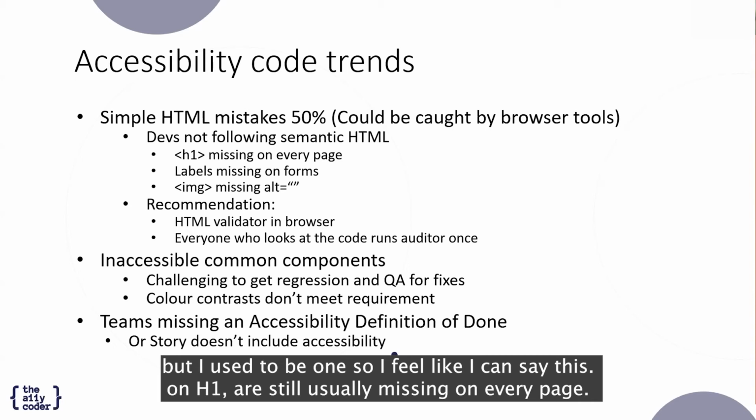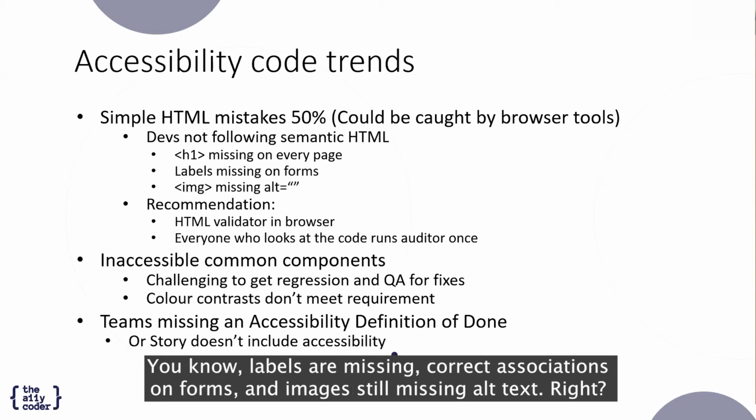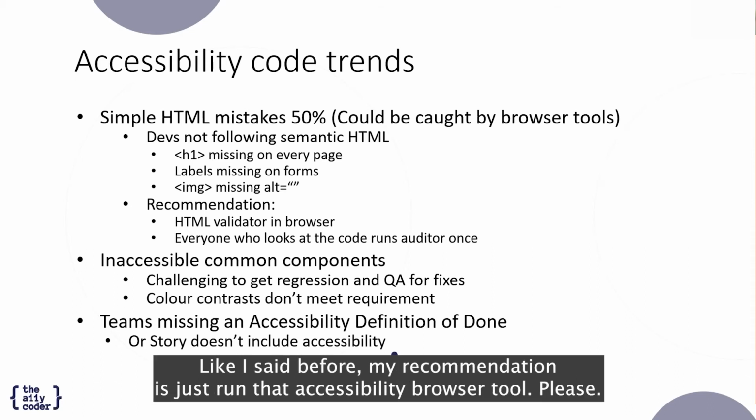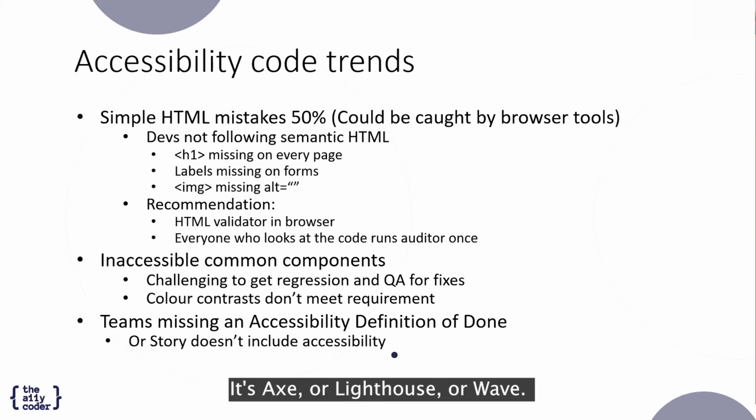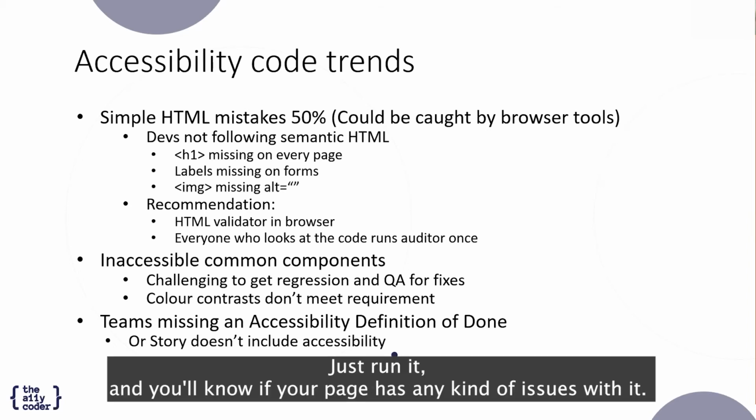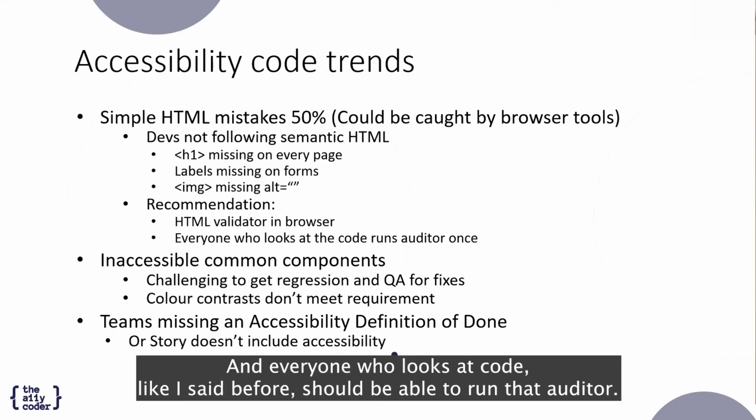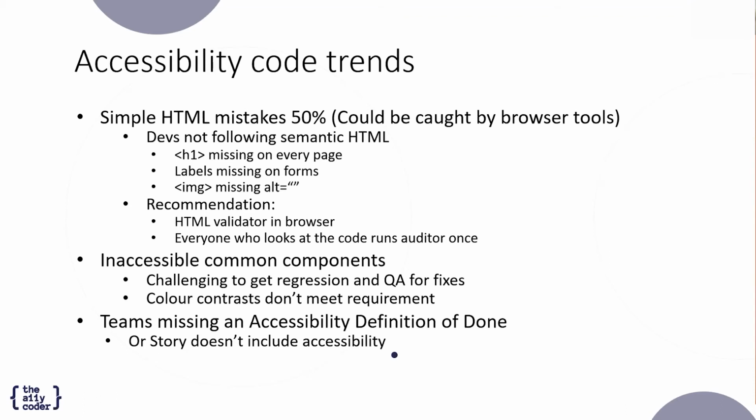H1s are still usually missing on every page. Labels are missing correct associations on forms, and images are still missing alt text, right? Like I said before, my recommendation is just run that accessibility browser tool, please. It's Axe or Lighthouse or Wave. Just run it, and you'll know if your page has any kind of issues. And everyone who looks at code, like I said before, should be able to run that auditor.